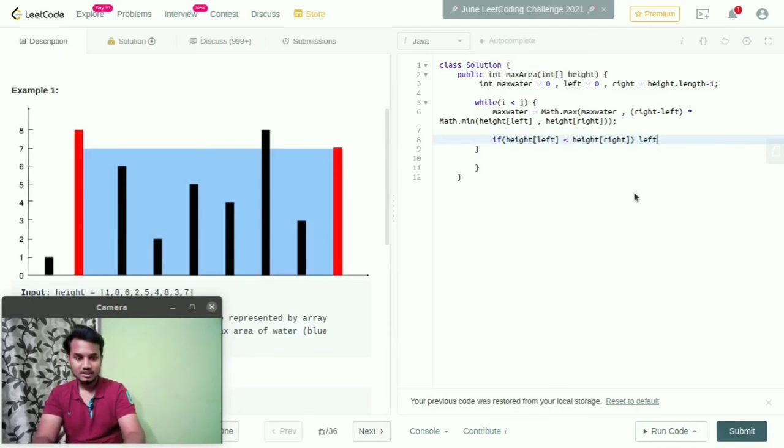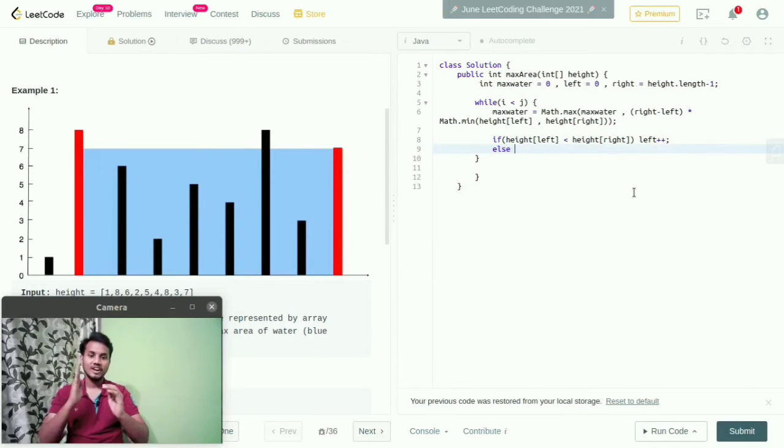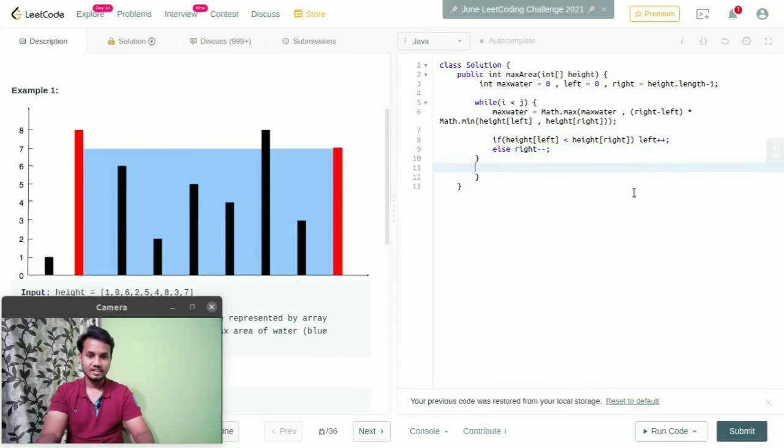Else if height of left is greater than height of right, then I need to decrement right. And here I am going to return maxWater.